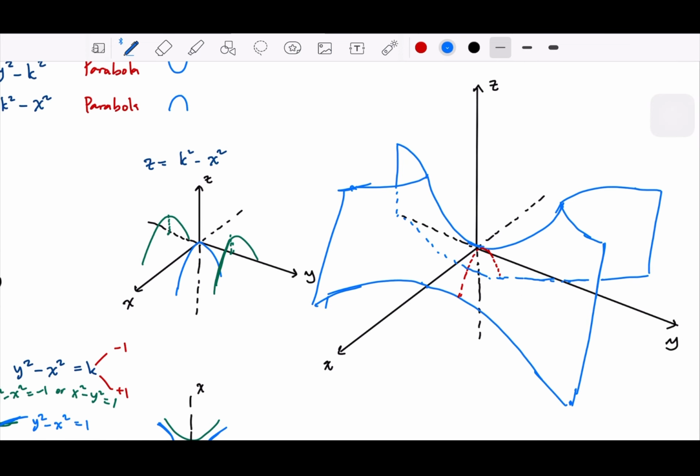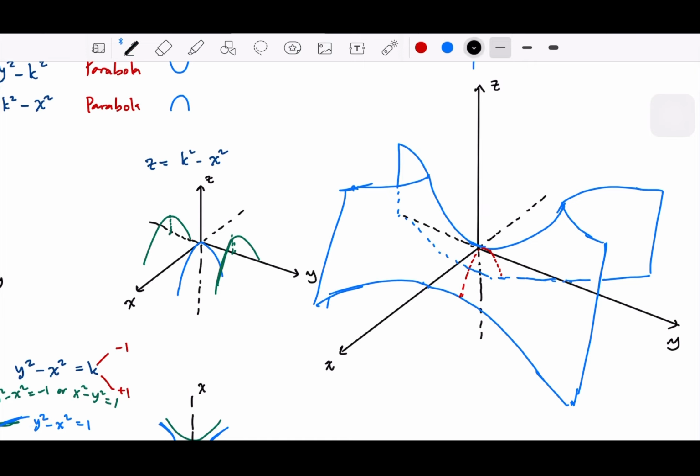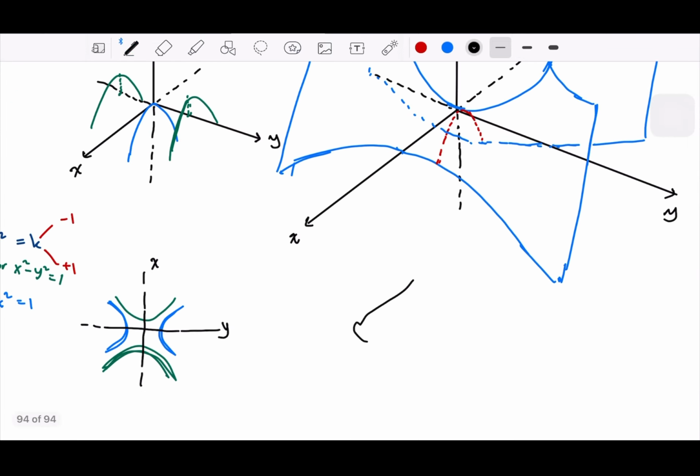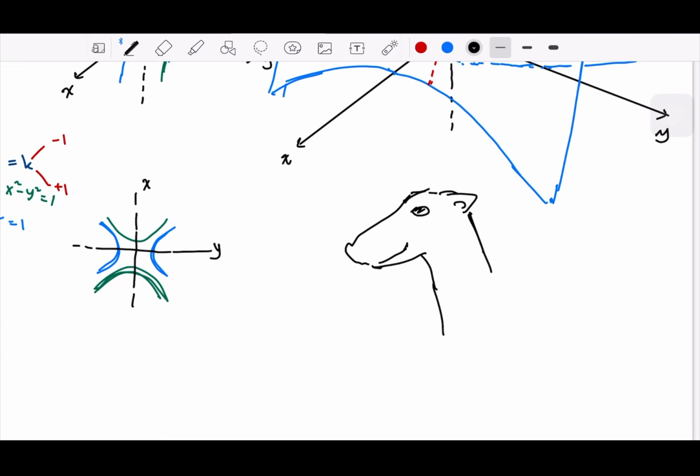Now we are looking at a saddle, actually, like a saddle when you are riding a horse. Maybe you remember when riding a horse, if you experienced that when you were still a child, because I have experience riding a horse.